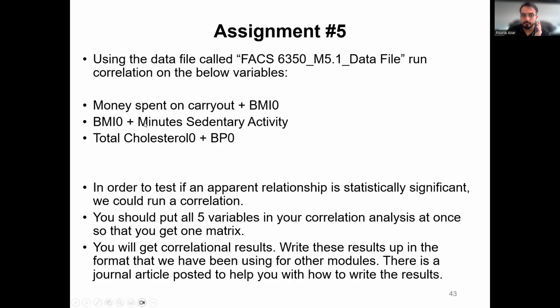So you will have 1, 2, 3, 4, 5 variables here, and you should put all these 5 variables in your correlation analysis box at once so that you get one big correlation matrix.